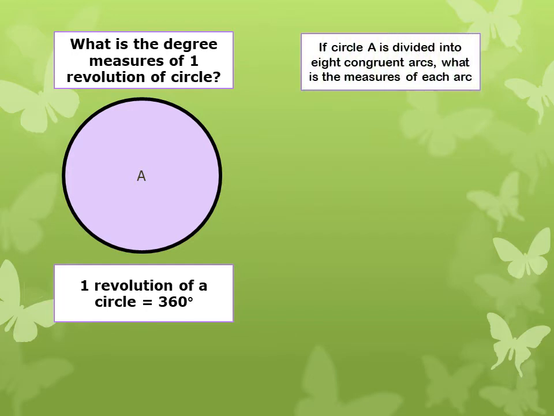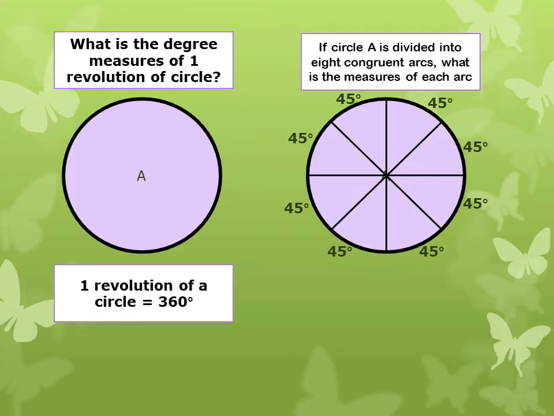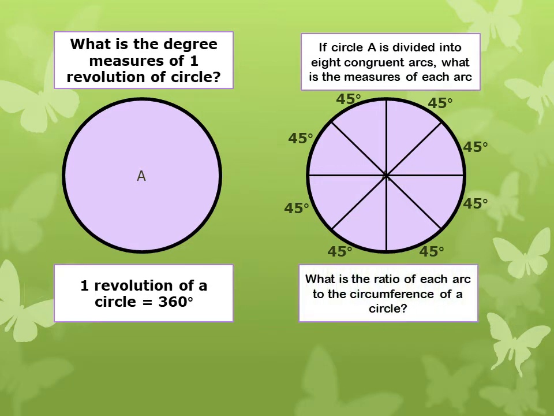So if circle A is divided into 8 congruent arcs, as shown in the figure, what is the measure of each arc? Very good, it's 45 degrees, because 360 divided by 8 is 45. Therefore the measure of each arc is 45 degrees.